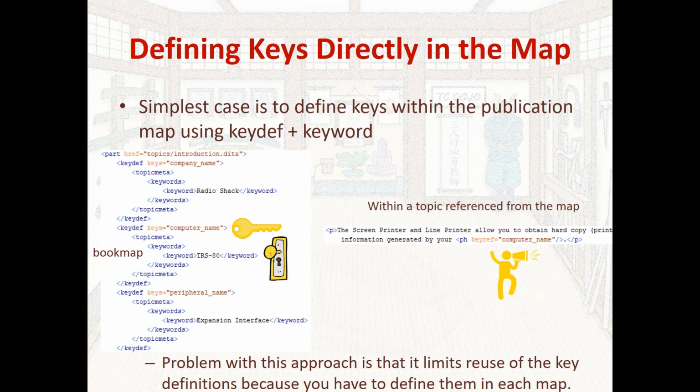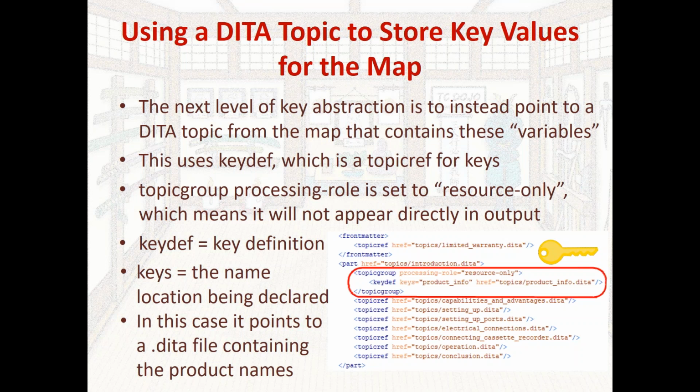these same terms. Okay, so let's move to the next layer of abstraction, where you use a DITA topic instead to store those key values, which are then referenced from the map. So you want to point to a DITA topic that contains all the variables. This uses the keydef element, which is basically a topic ref for keys. And I really do mean the keydef is a topic ref for keys.